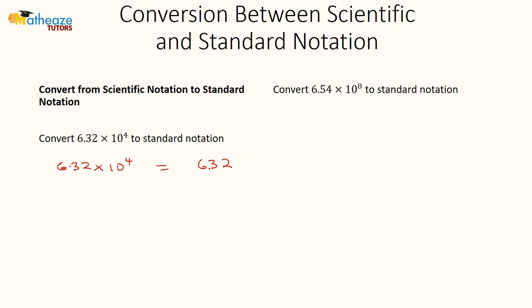We're going times 10 to the power of 4, so it's going in the positive direction. So this is 1, 2, 3, 4. So between all of this, I'm going to put a 0 right here and a 0 right here. So this is going to be 63,200.